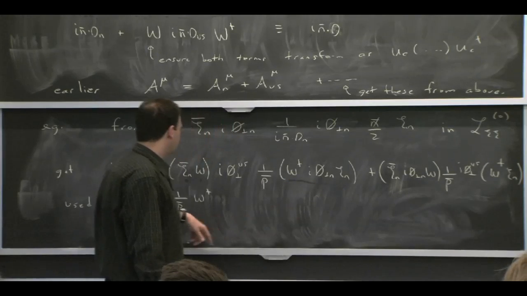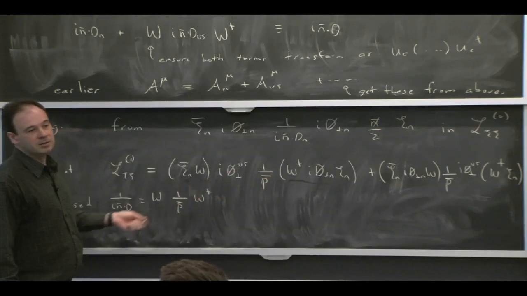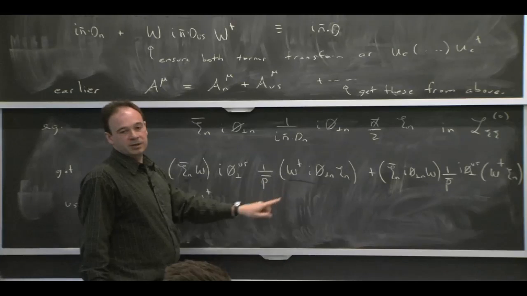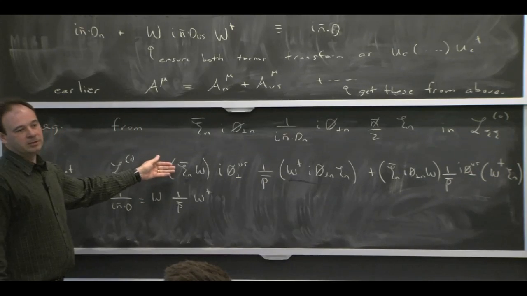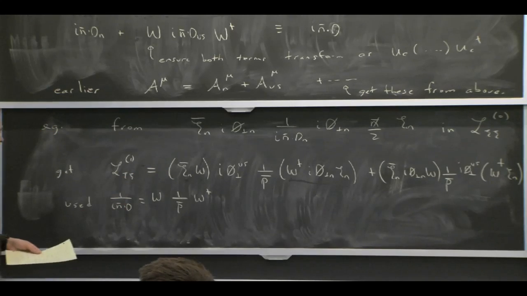This guy here is collinear gauge invariant. And then there's an ultrasoft transformation that connects up all the pieces. If we didn't have these W's here, we wouldn't have got those W's in the right spots there, and this operator that I write down here would not be collinear gauge invariant. So this operator is both collinear and ultrasoft gauge invariant.